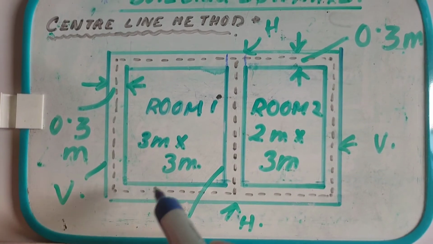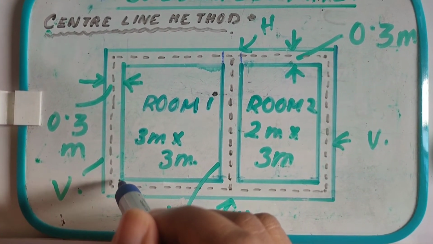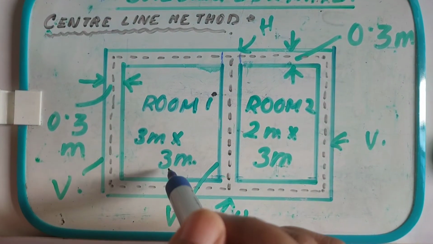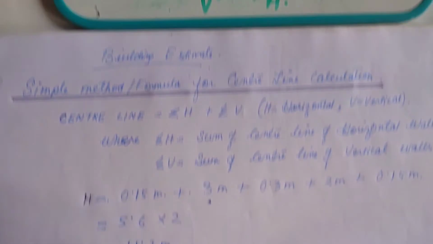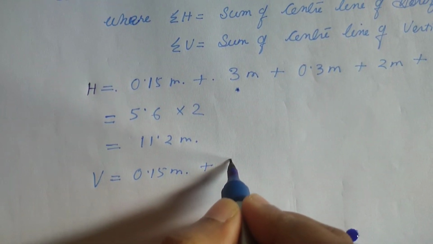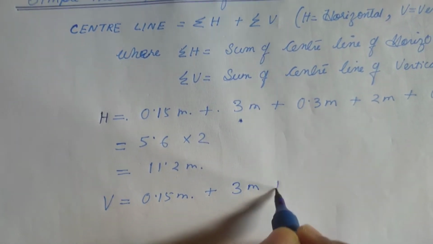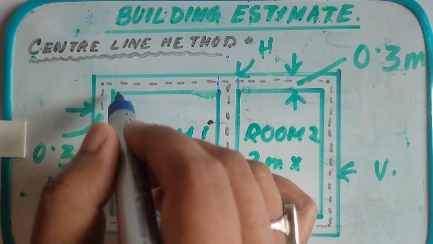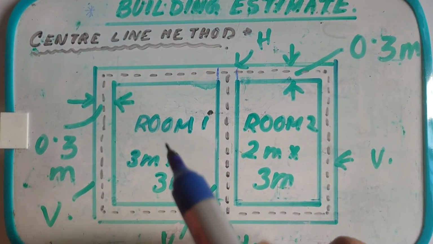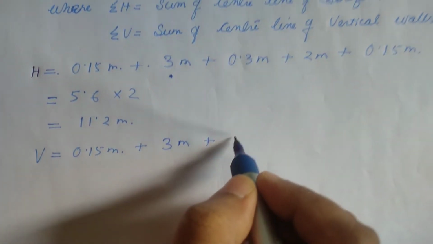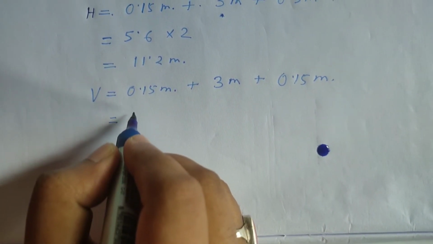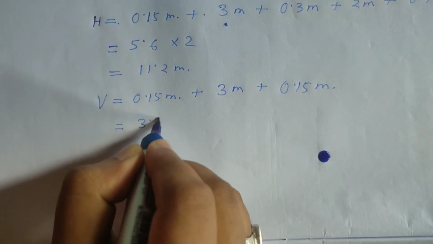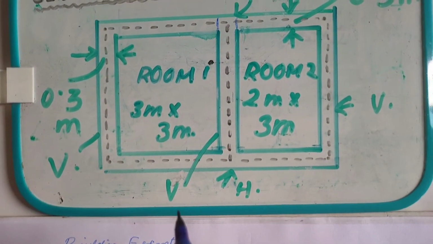You clearly know that from here to here it's 3 meter, and in this room also it's 3 meter, plus again there is a wall here, and we'll consider half of the thickness, that is 0.15 meter, equals 3.3 into... why are we multiplying?